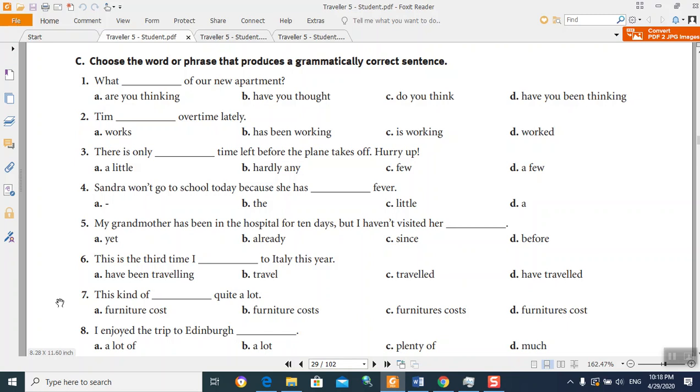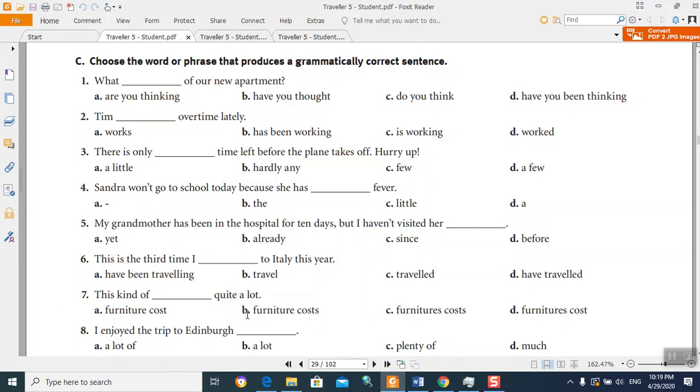Maybe sometimes it is confusing when you want to translate into Arabic. Even though it is very few times, sometimes some students say it is plural. Actually, it is singular. So the answer should be C or B.